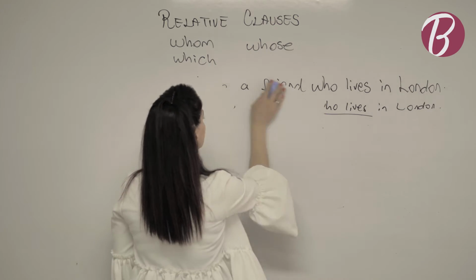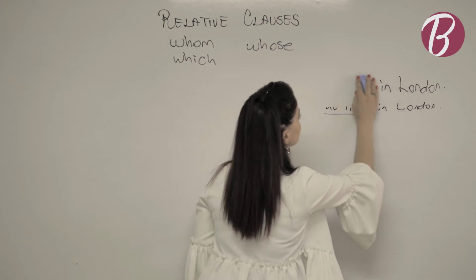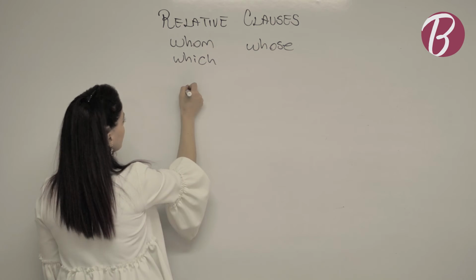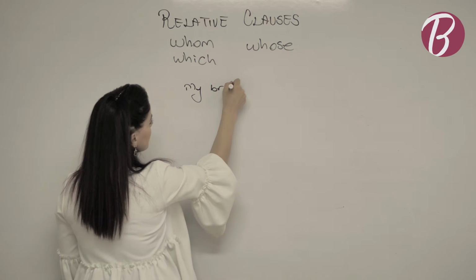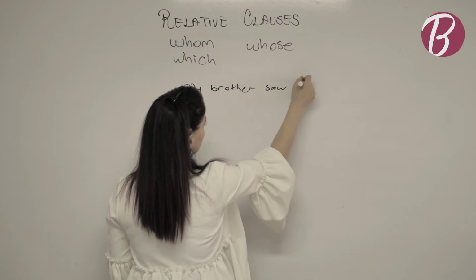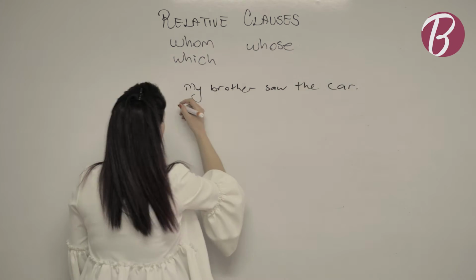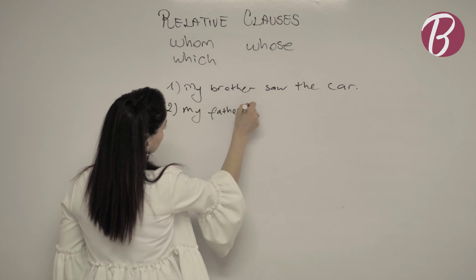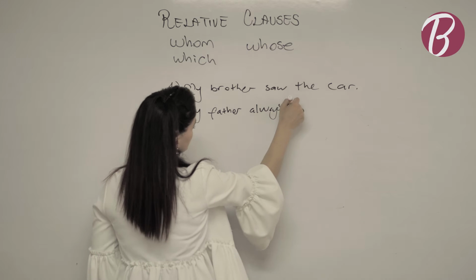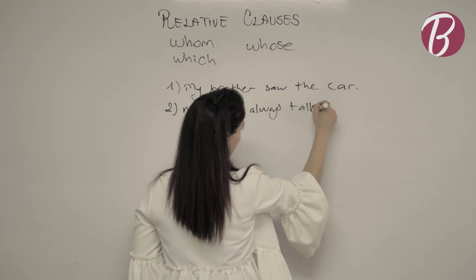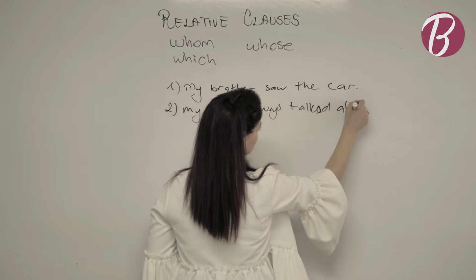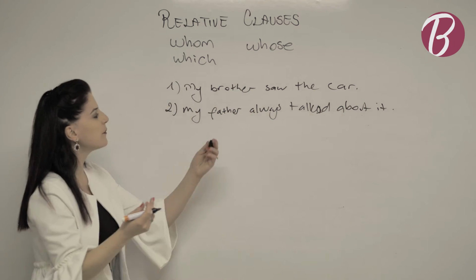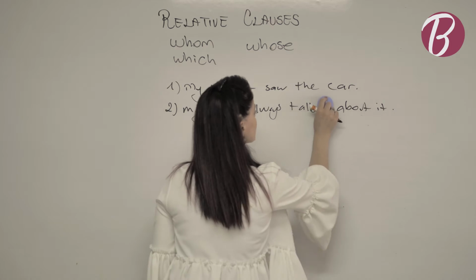For example, there is a car, and your brother, you can say, my brother saw the car, and the other sentence is, my father always talked about it, or talks, doesn't matter. I want to talk about the past, that's why I wrote it like this.